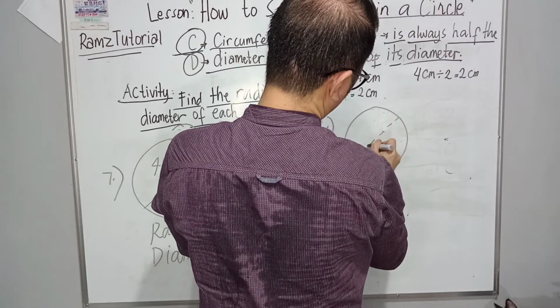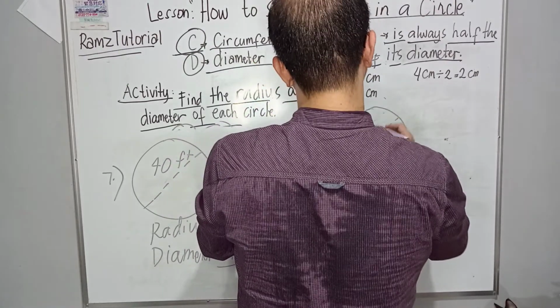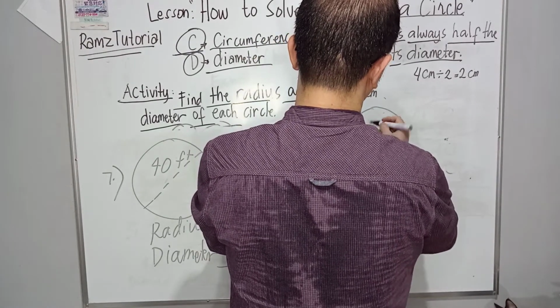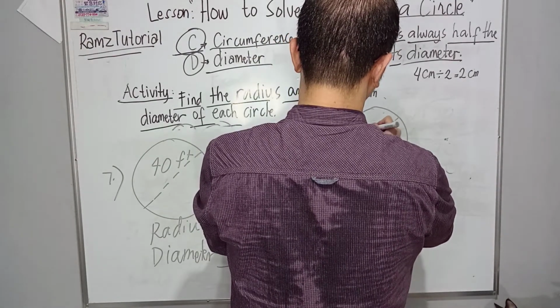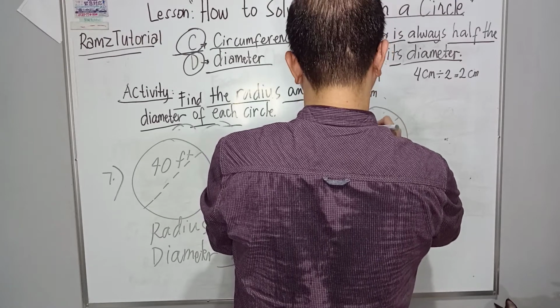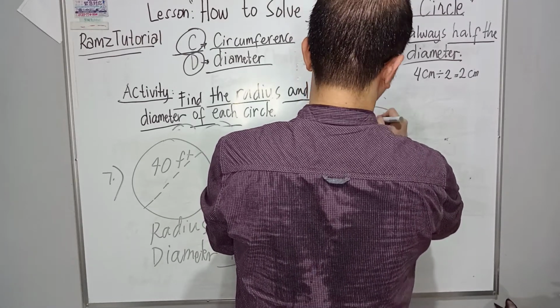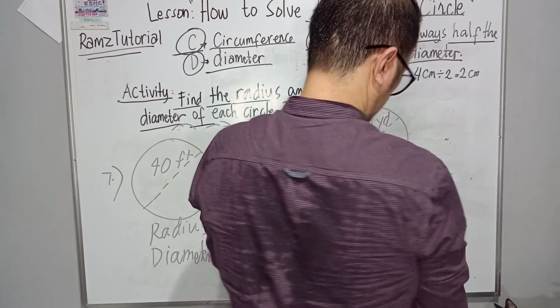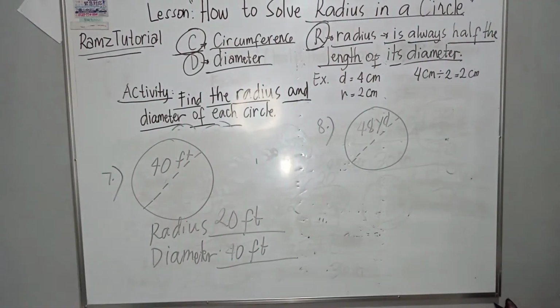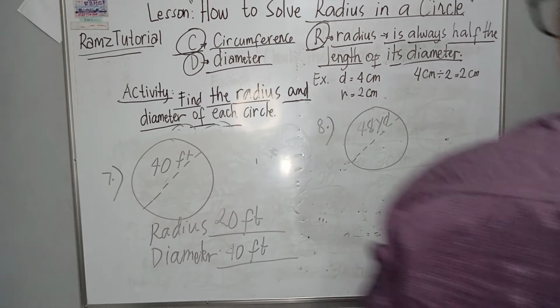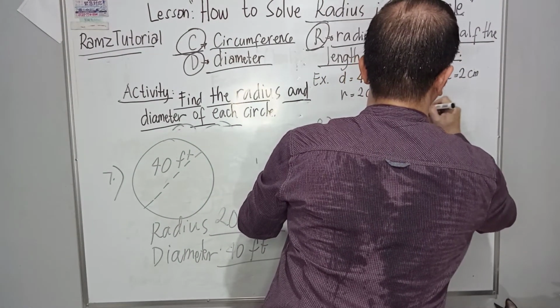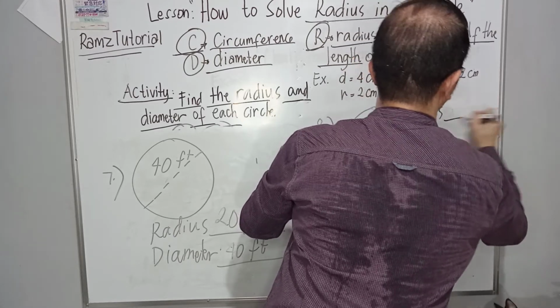So we have here the radius and then the diameter.